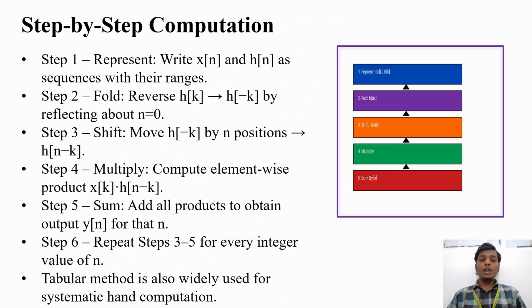Step 4. Multiply: compute element-wise products x[k] times h[n minus k]. Step 5. Sum: add all products to obtain output y[n] for that n. Step 6. Repeat steps 3 to 5 for every integer value of n. The tabular method is also widely used for systematic hand computation.